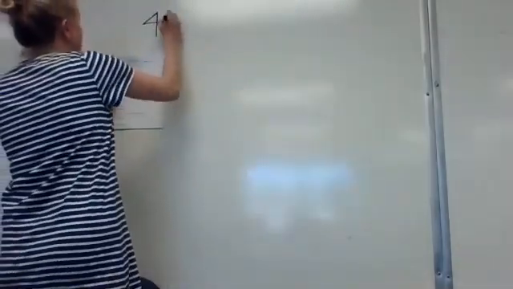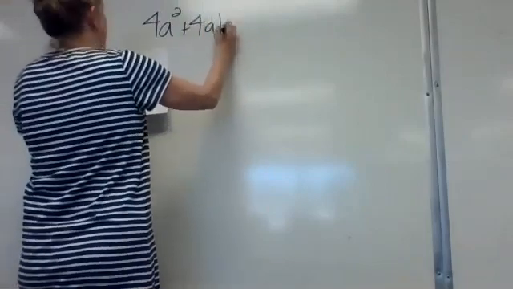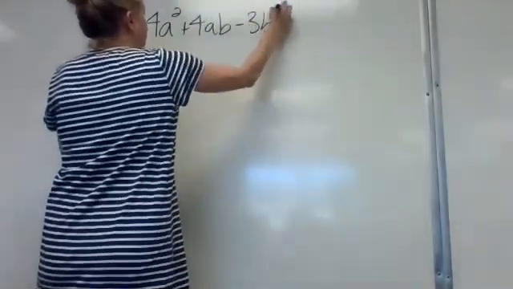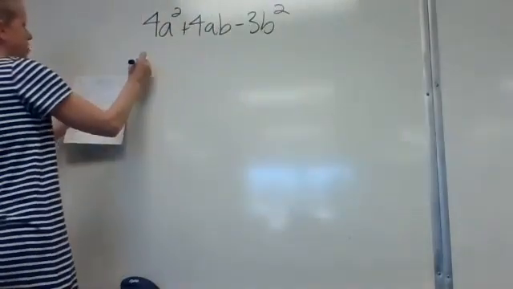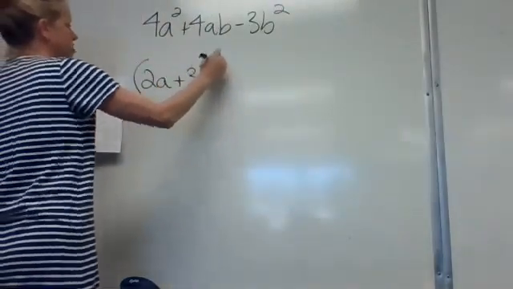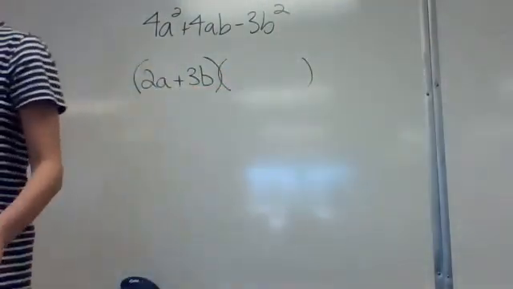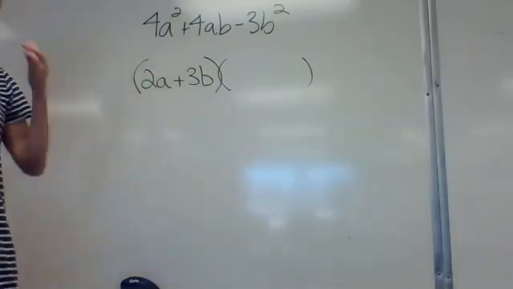I've got 4a squared plus 4ab minus 3b squared. And it tells me that part of the factoring is 2a plus 3b, and it wants me to fill in the rest of it. Now, here's the good news about this.